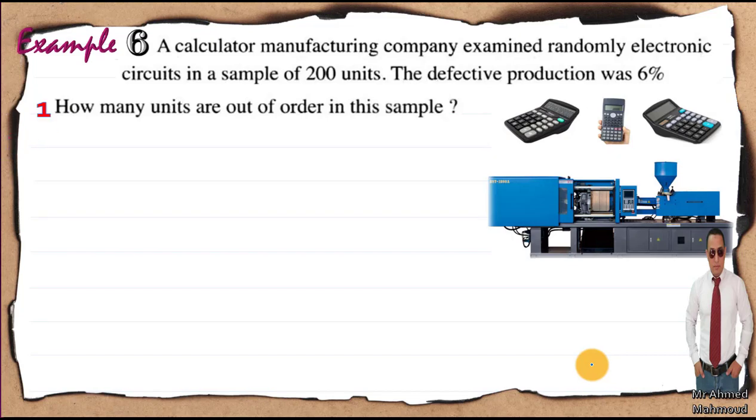A calculator manufacturing company examined randomly electronic circuit, in a sample of 200 units. The defective production was 6%. How many units are out of order in this sample? Okay, now I have the total production is 200 units, the sample of the calculators.